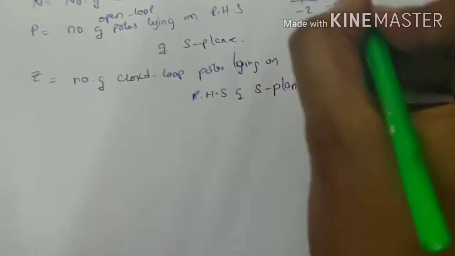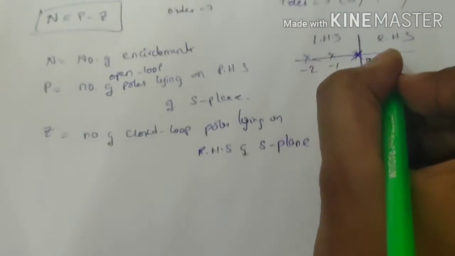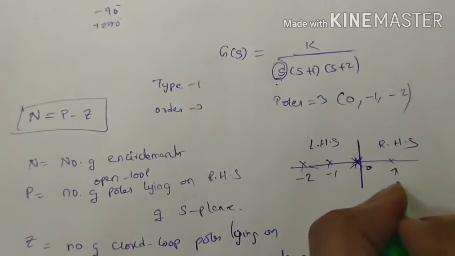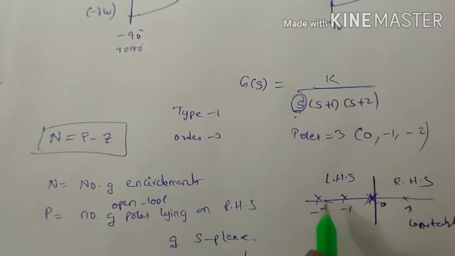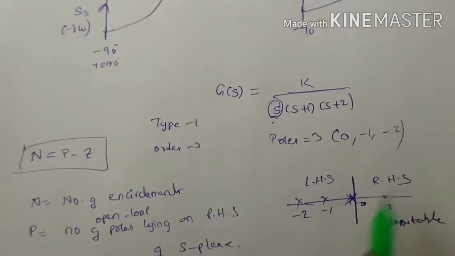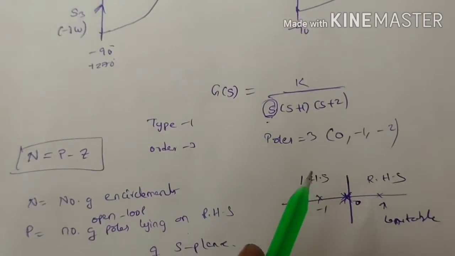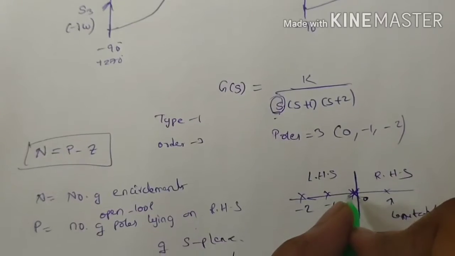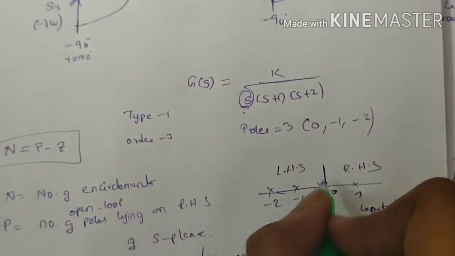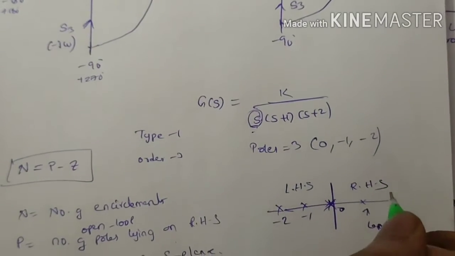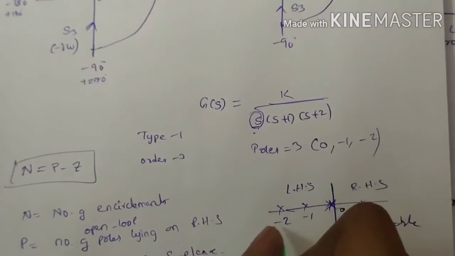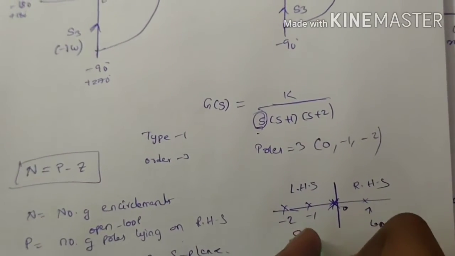Now we already know, if any pole is lying on the right hand side, the system is said to be unstable. If any one pole lies on the right hand side, the system will become unstable, whether it is an open loop system or a closed loop system. Similarly, when poles are lying on the imaginary axis, the system is said to be marginally stable. When all the poles are lying on the left hand side, the system is said to be stable.